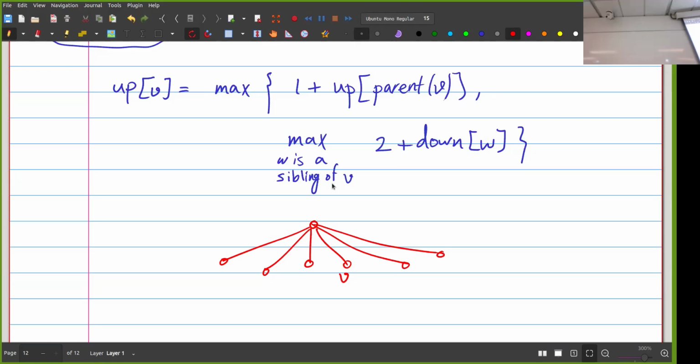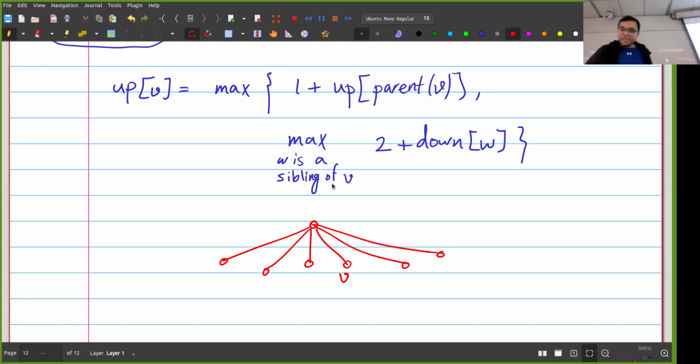And then when I'm at each of the children, if this child is the child that had the maximum down value, then I know that among its siblings, I have to take the second maximum. Otherwise, I know that among its siblings, I have to take the maximum. So in every case, I have already calculated it.